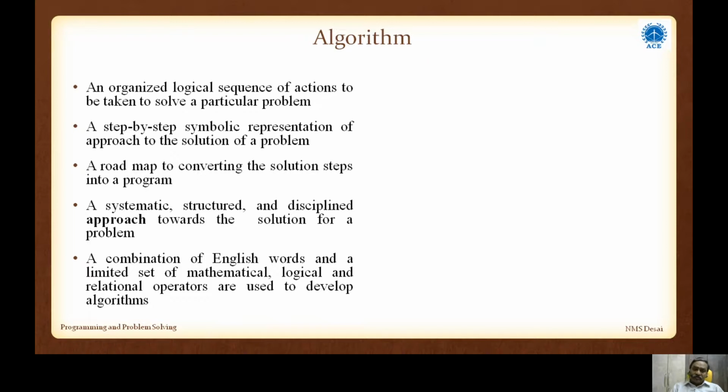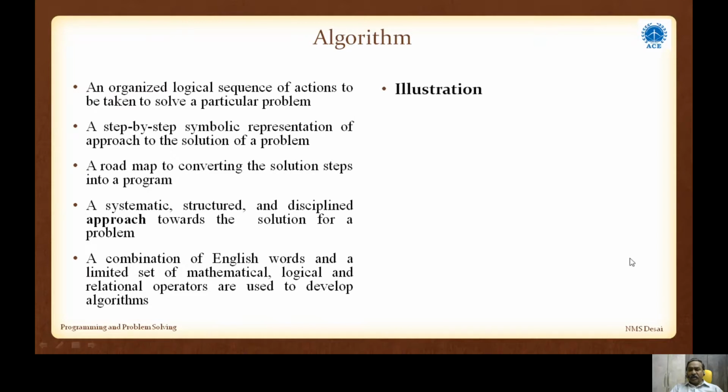Is this enough? We need a limited set of English words also. Suppose I want to declare a variable, that variable should have a name, and I should operate on that variable. So English is also required, and a structure is developed. We'll see an illustration here.